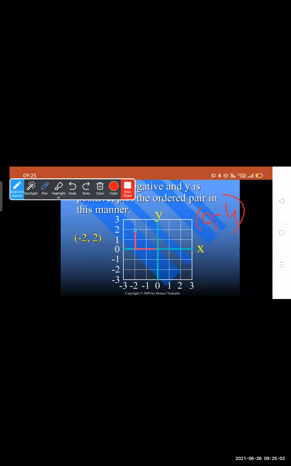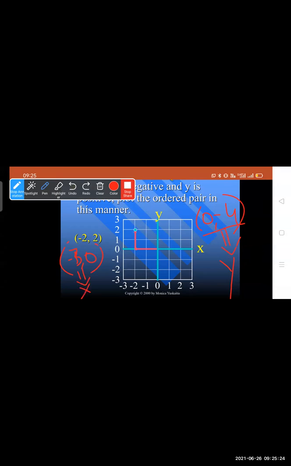If you have point (0, -4). Simple. X coordinate is 0 and y coordinate is -4. Means this point lies on y-axis. It's clear. If you have point (-3, 0), means here y coordinate is 0. Y coordinate is 0 means this point lies on x-axis.